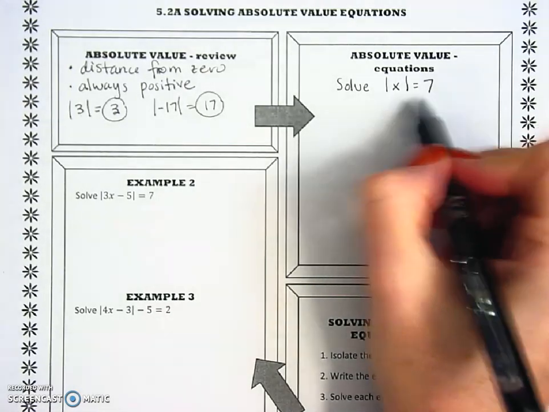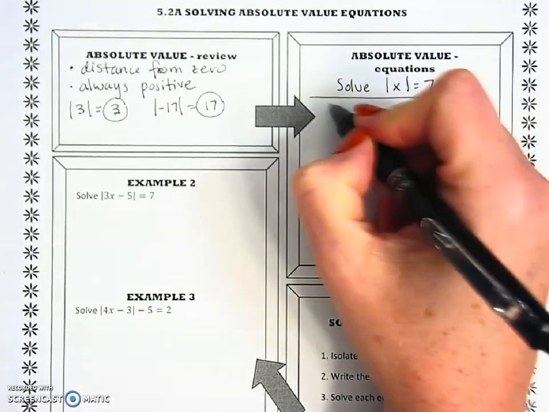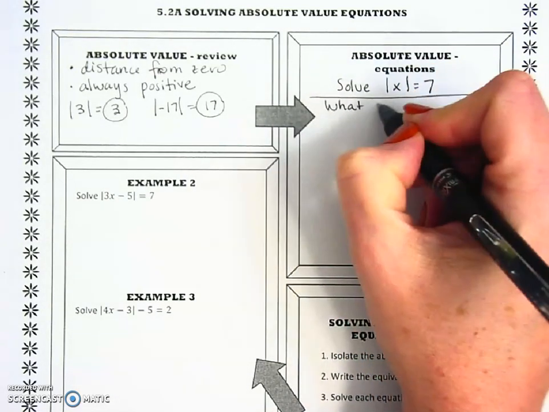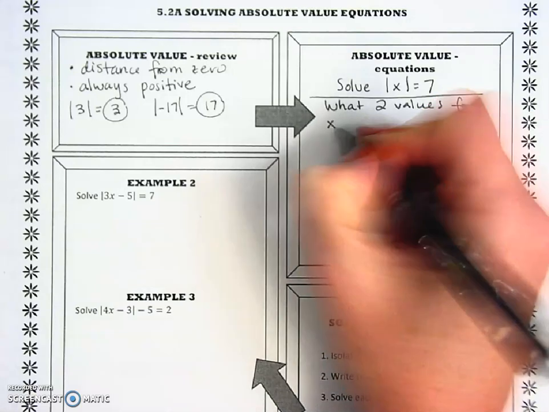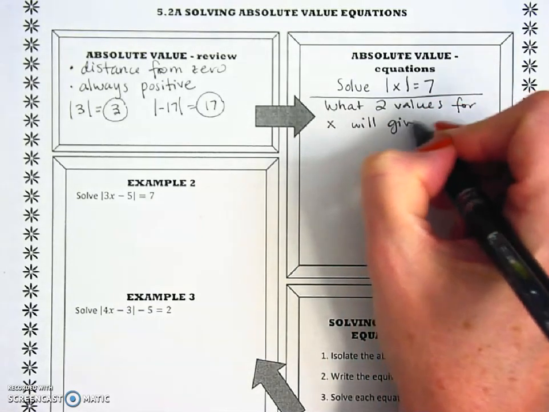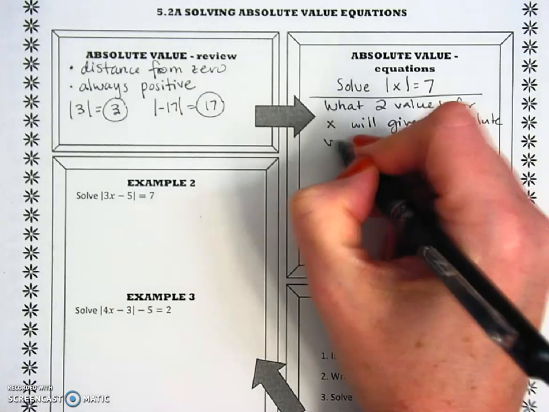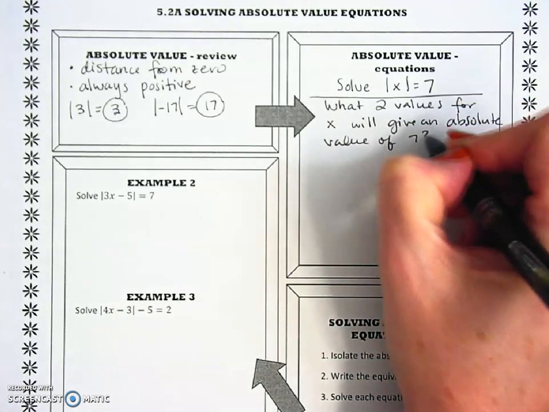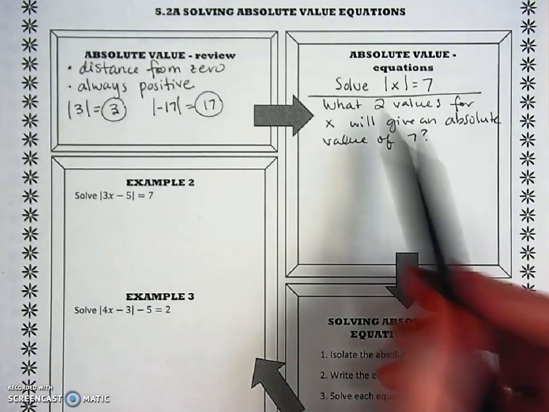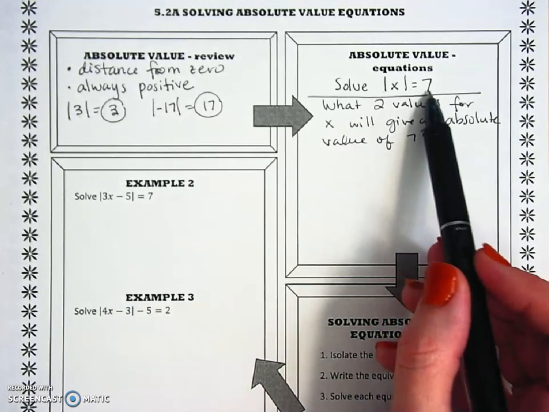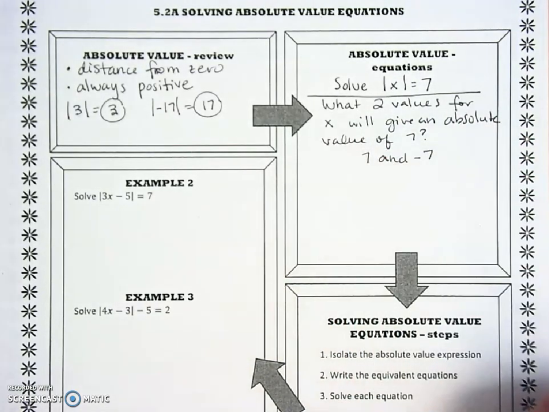So the question in this simple version is this: what two values for x will give an absolute value of 7? What two numbers can I plug in for x that after I take the absolute value, it will equal 7? And you probably already thought of it. It's 7 and negative 7.